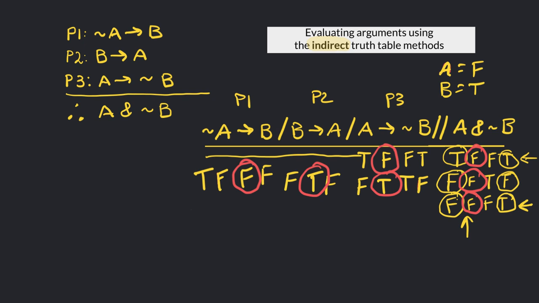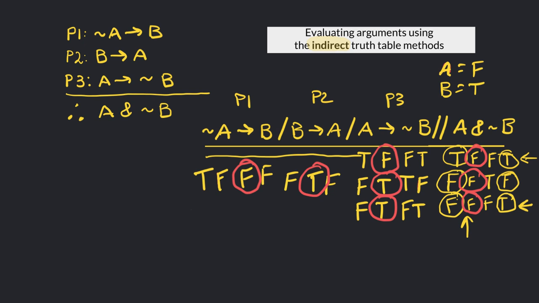A is false. B is true. So tilde B is false, and this is a conditional, which makes that conditional true. So far so good. We can apply the assumption of invalidity to premise 3 and the conclusion.